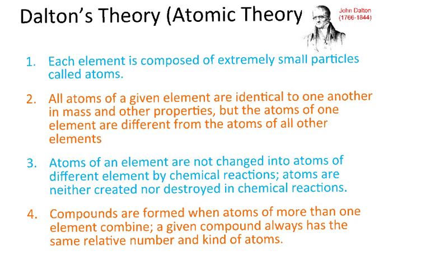Atoms of an element can't be changed into atoms of a different element during a chemical reaction. So this is Lavoisier's law of conservation of mass. And then compounds are formed when atoms of more than one element combine. And a given compound always has the same relative number of kinds of atoms.